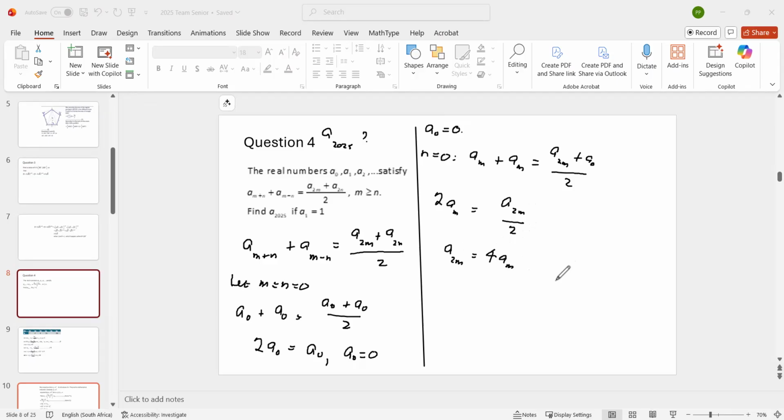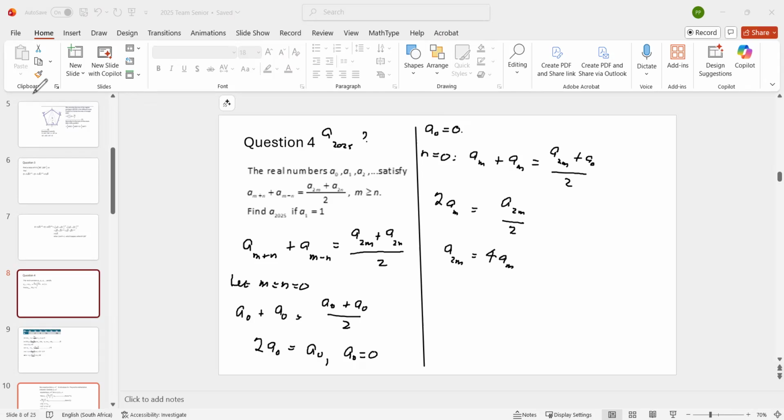Now I'm just going to keep track of what's going on. There are no n's in this, because we made n equal to 0, but you have a relationship between a_2m and a_m.